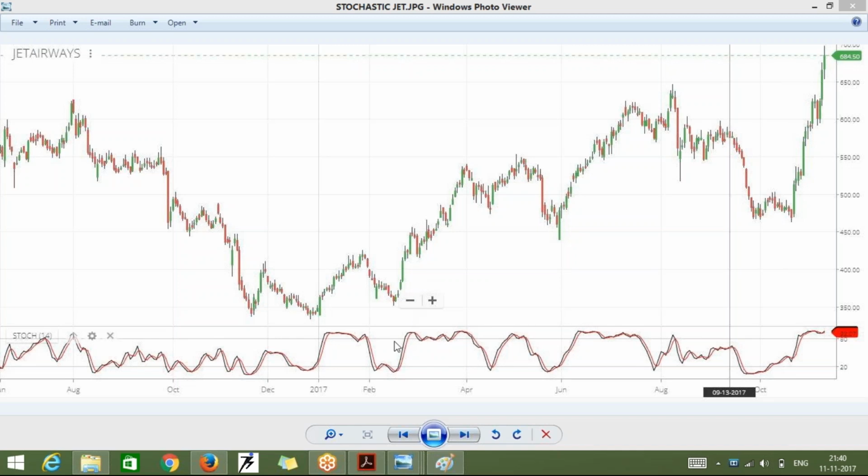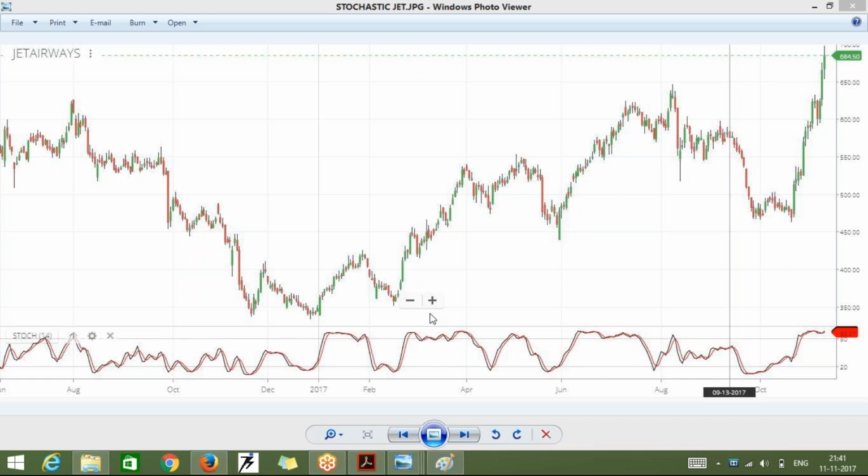No, a stochastics crossover is something different. The two lines which are there, I have taken two stochastics, that is slow and fast stochastics. It is not the crossover of stochastics, it is two different stochastics, slow and fast. There is another way of trading stochastics, that is divergence, but we'll come to that after learning divergence.